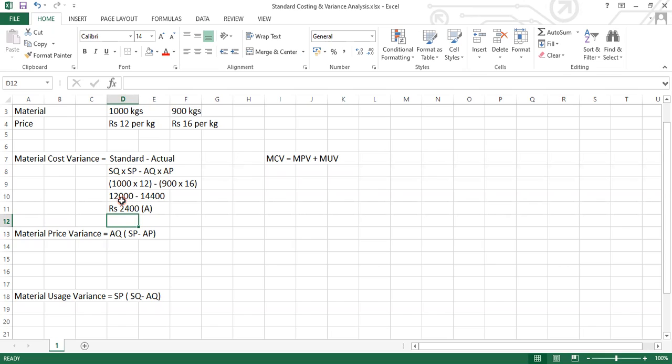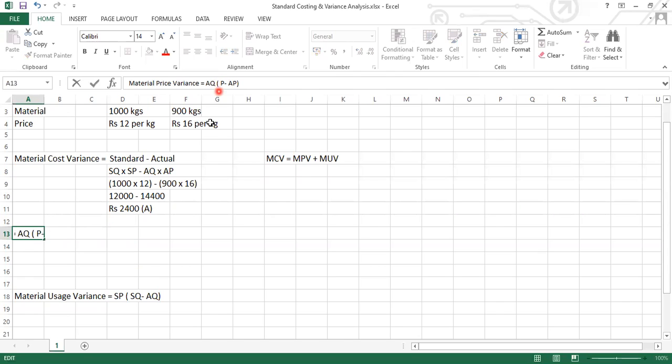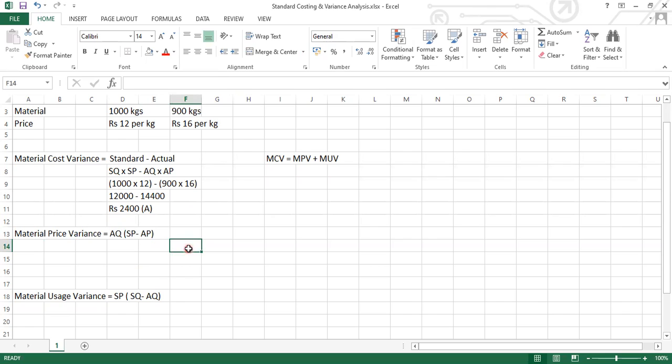Now the second one is material price variance. What is the formula for calculating material price variance? Actual quantity, and in bracket you multiply it by standard price minus actual price. Standard price minus actual price will let you find the variance. And when you want to find out about the price, what do we multiply it by? We multiply it by actual quantity. So what is the actual quantity? 900 kgs.